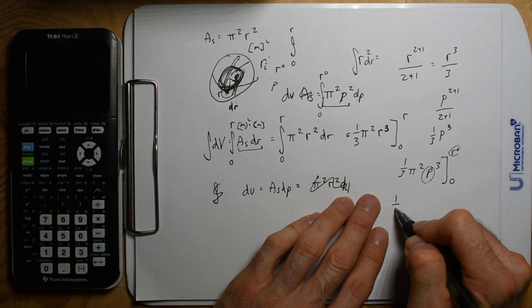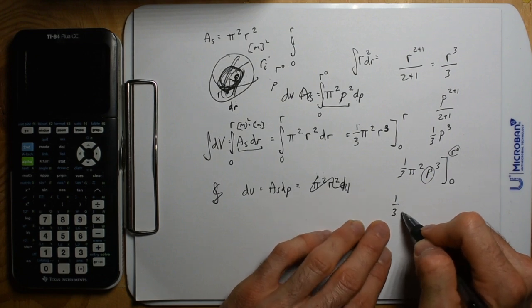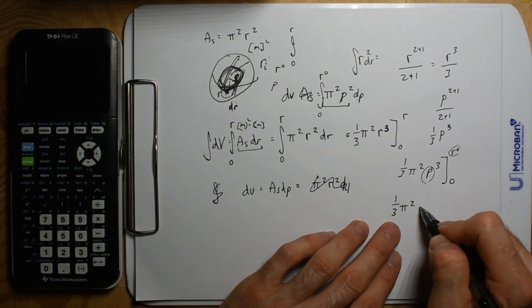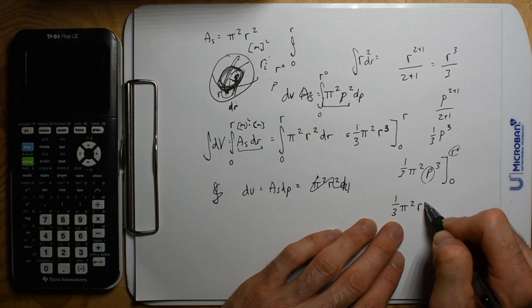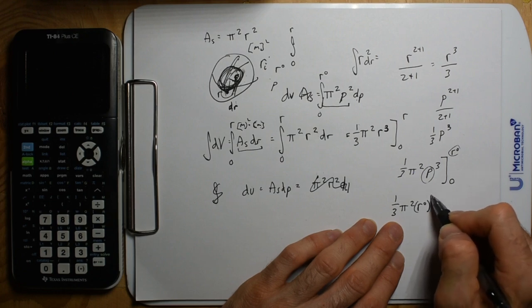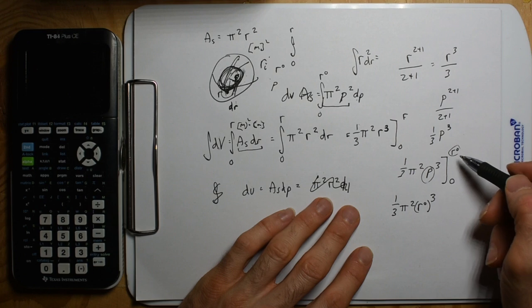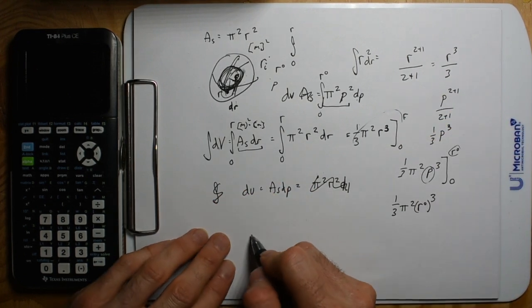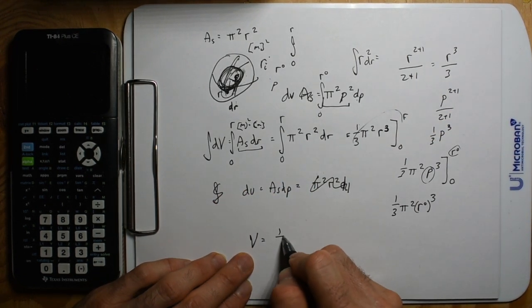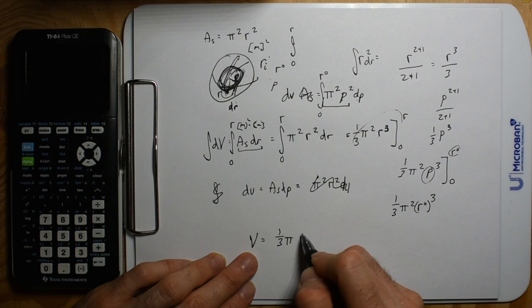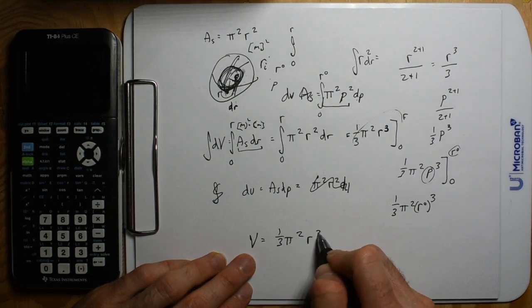Cool. Now your volume of a sphere is 1/3 pi squared r naught cubed, and obviously in this scenario it's just r. So the volume of a sphere is 1/3 pi squared r cubed.